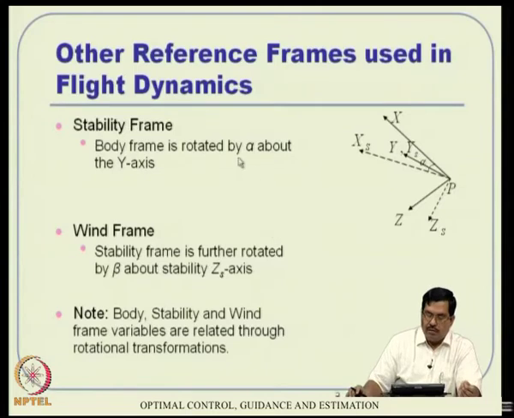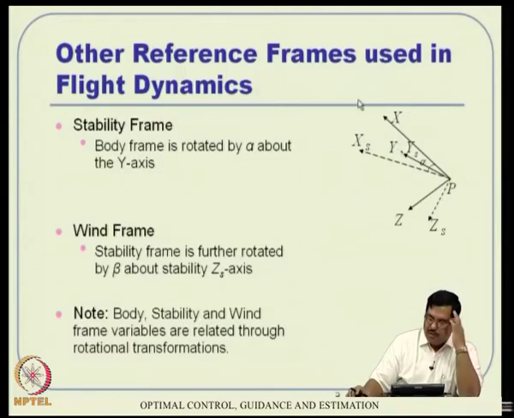What is this? A stability frame is like a body frame, rotated by angle alpha about the y-axis. The y-axis remains the same, and you rotate the xz axes by angle alpha. That gives you the stability frame.